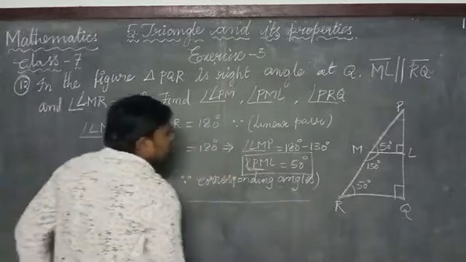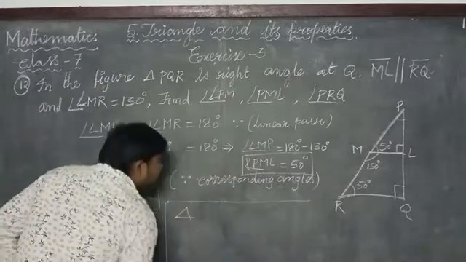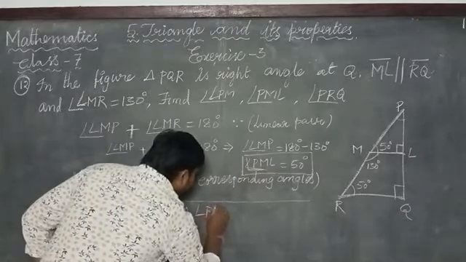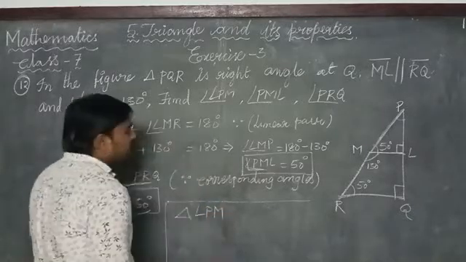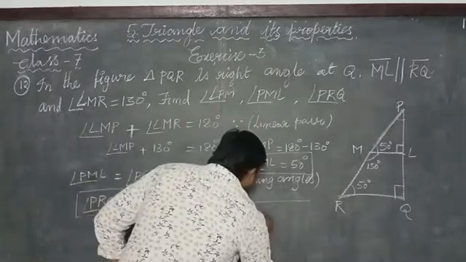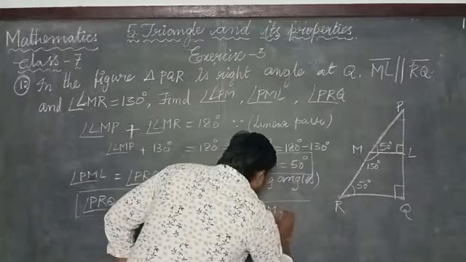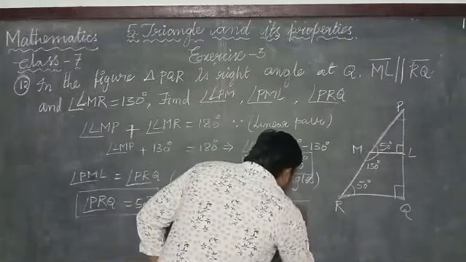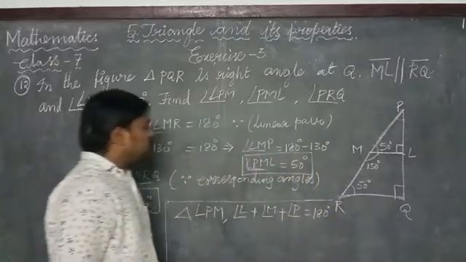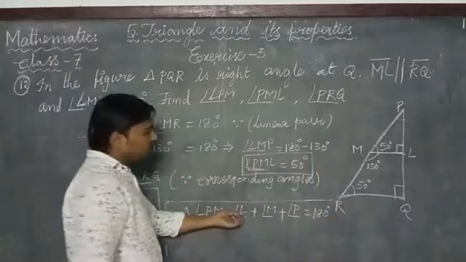From triangle LPM we can write angle L plus angle M plus angle P equals 180 degrees, from the angle sum property of a triangle.